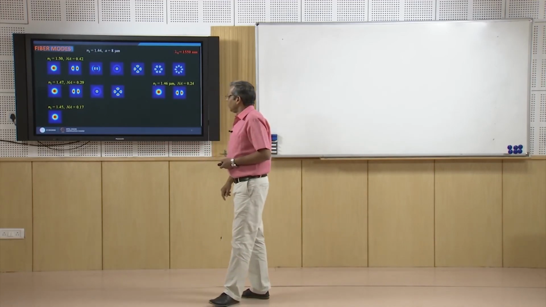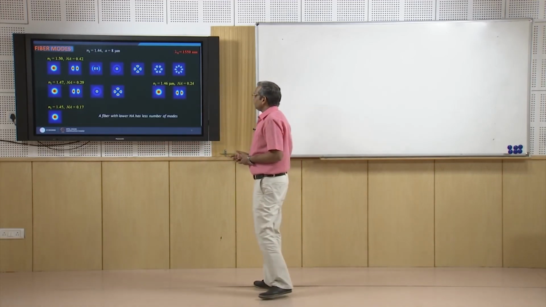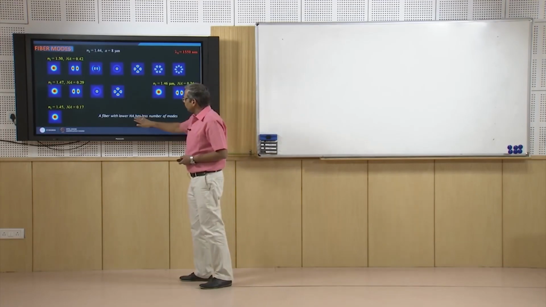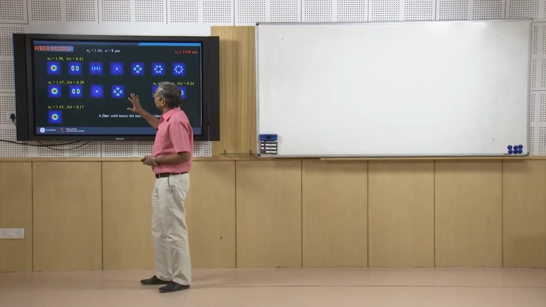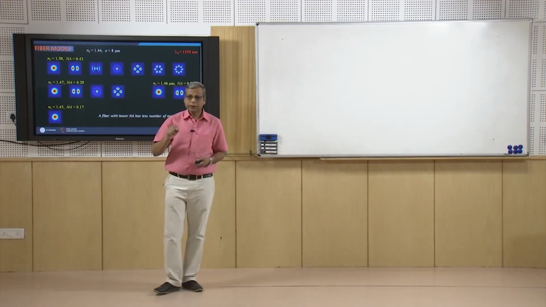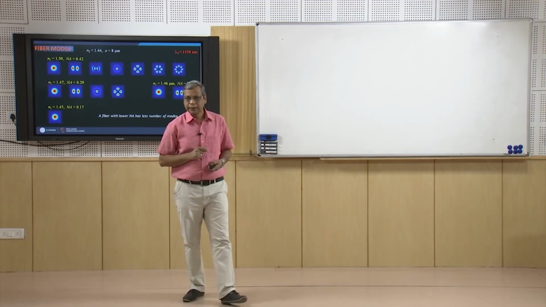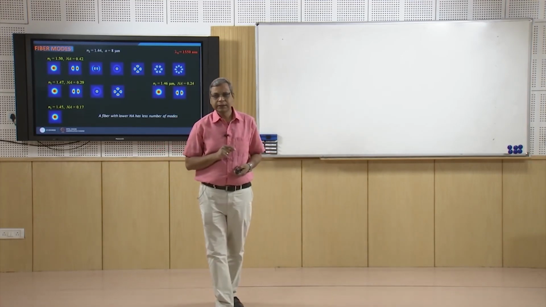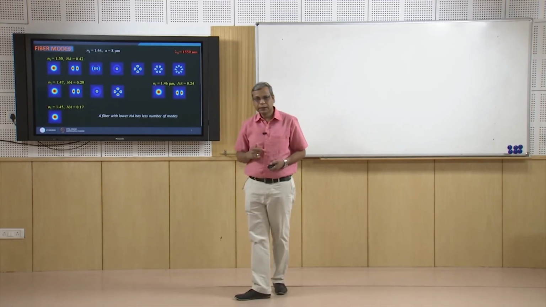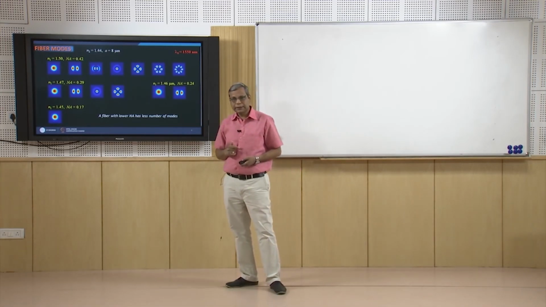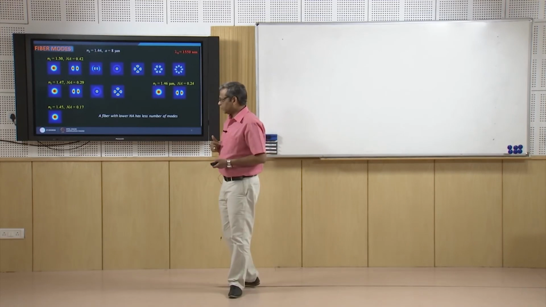So I see that a fiber with lower numerical aperture has fewer modes. So I have seen that the number of modes depends upon the core radius and the index contrast between core and cladding refractive indices, or numerical aperture.